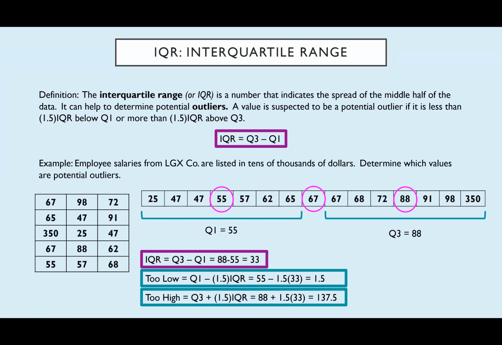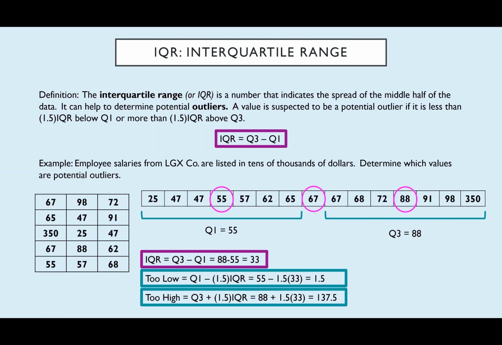Similarly, if I'm too high, I would have to be 1.5 IQR above the third quartile. To compute that, I do Q3 plus 1.5 IQR. That gives me 88 plus 1.5 times 33. Putting that in my calculator, I get 137.5. So anything above 137.5 is going to be an outlier.